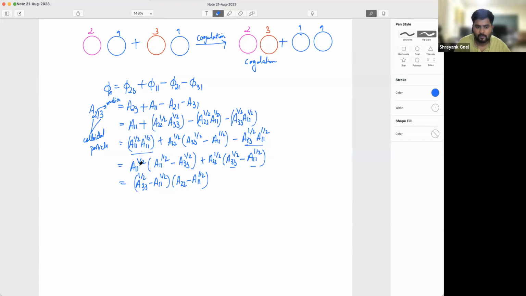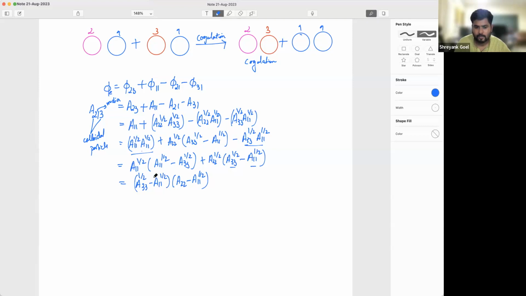Now I took A11 half common, A11 half minus A33 half plus A22 half, A33 half minus A11 half.